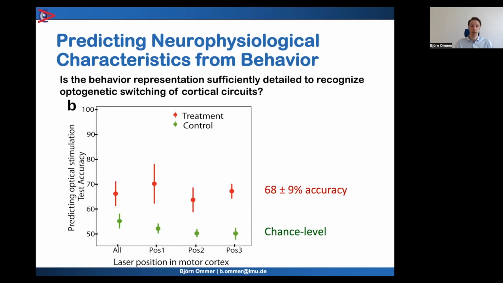And for the reference, a significantly better accuracy. Note that we would not expect 100% since optogenetic switching only impacts specific motor behavior and not all individual postures. And so the difference is only visible in parts of the grasping sequence.